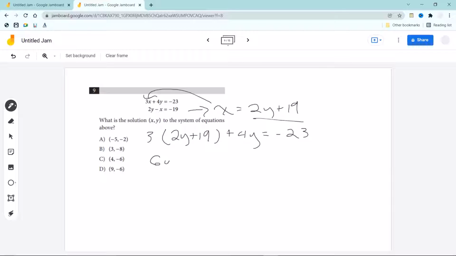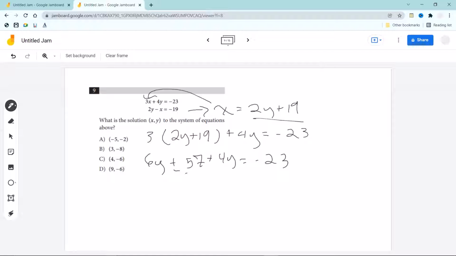So we'll get 6y plus 57, right? That's 19 times 3, plus 4y is equal to negative 23, right?